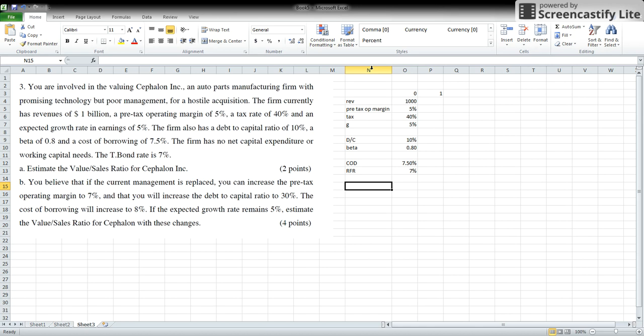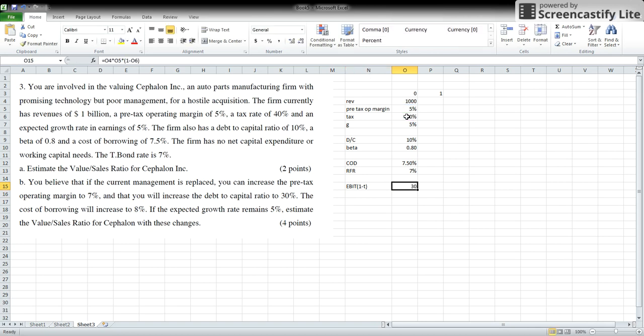The value of the stock, as you know, is FCFF divided by WACC minus g. So we don't have WACC, we have the growth rate, and we don't have the free cash flow to the firm next year. But we know what the EBIT into 1 minus T today is. It is revenues into the pre-tax operating margin into 1 minus the tax rate.